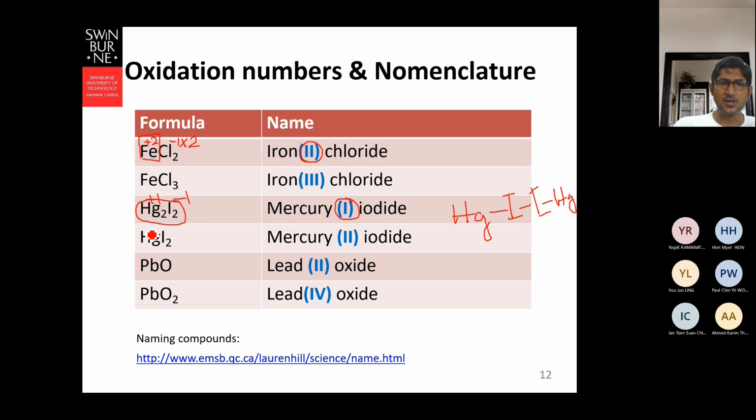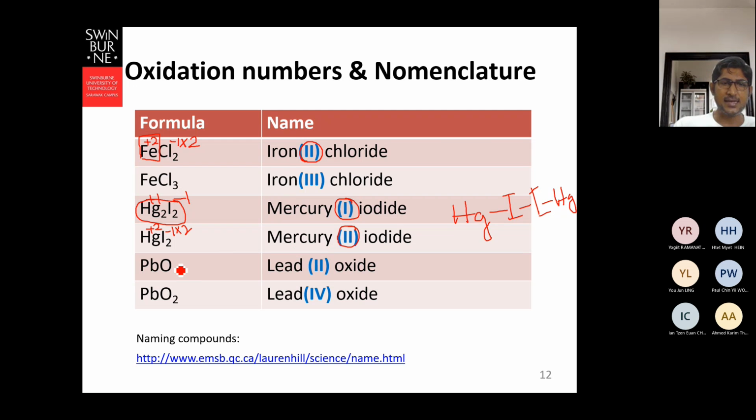But for this other case, it is mercury +2, sorry. So iodine is -1, but times 2. So that is how it is neutralized. So this will be mercury 2 iodide.